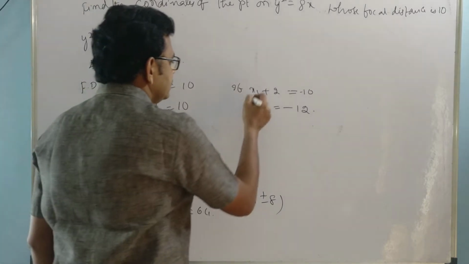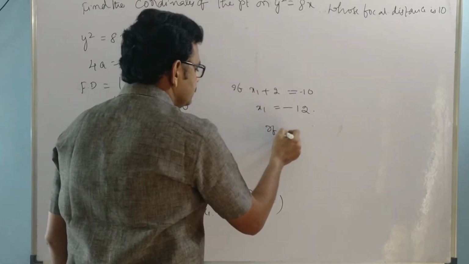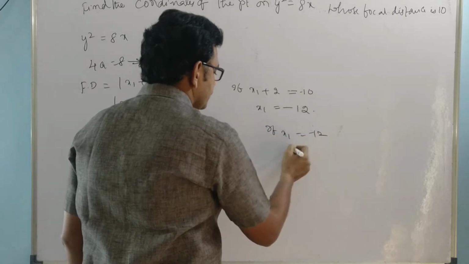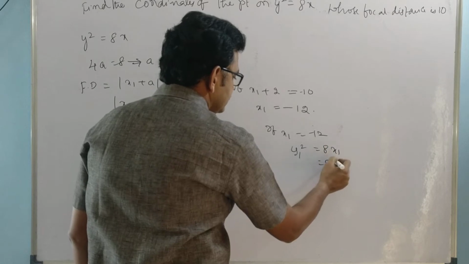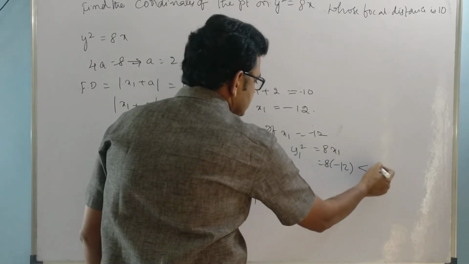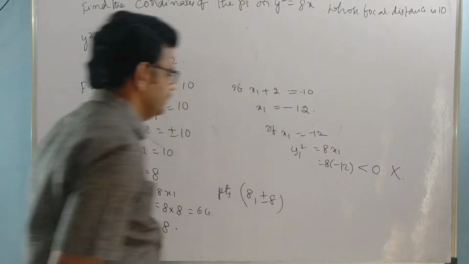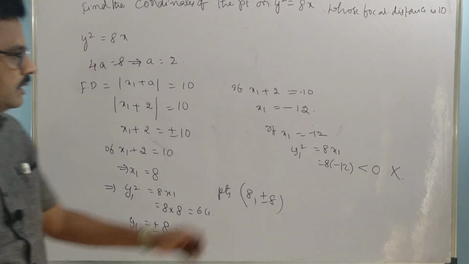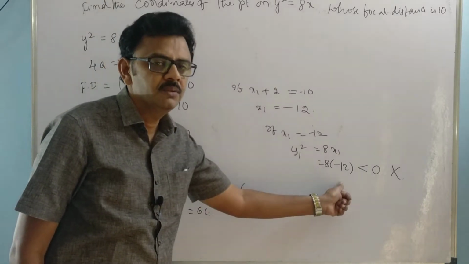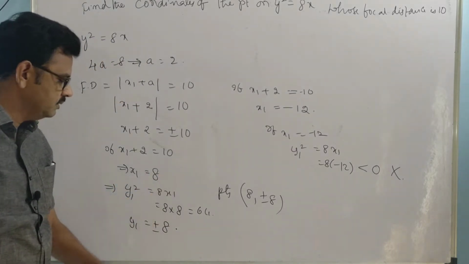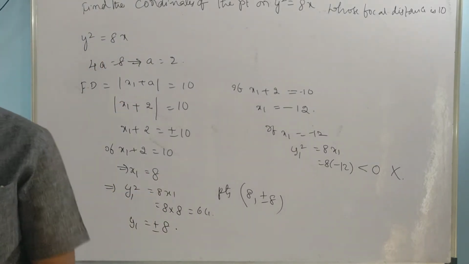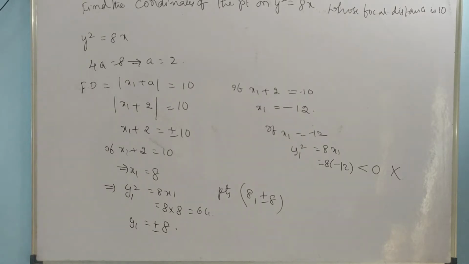If x1 is equal to minus 12, y1 square is equal to 8 into minus 12, which is less than 0, so it is not possible because y1 square cannot be a negative value. So if x1 is equal to 8, y1 is equal to plus or minus 8. Therefore, the points are 8 comma 8 and 8 comma minus 8.